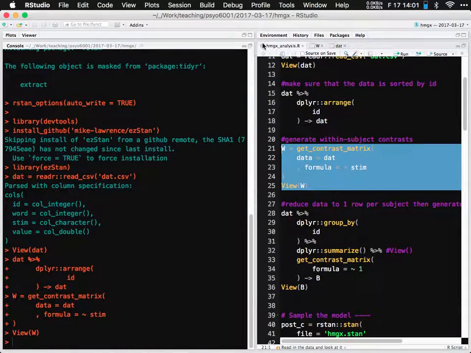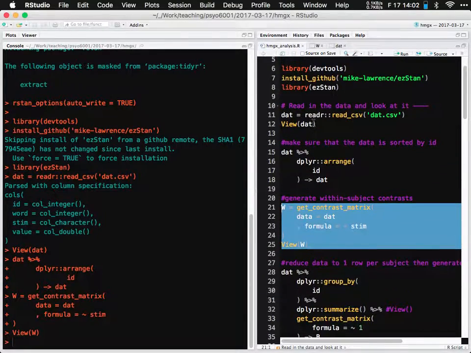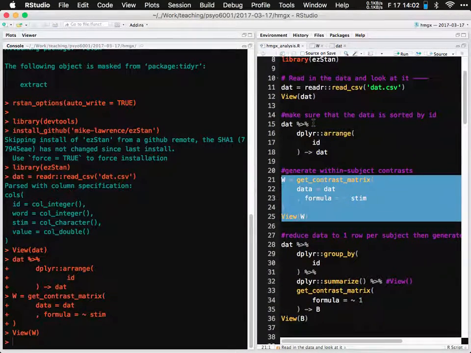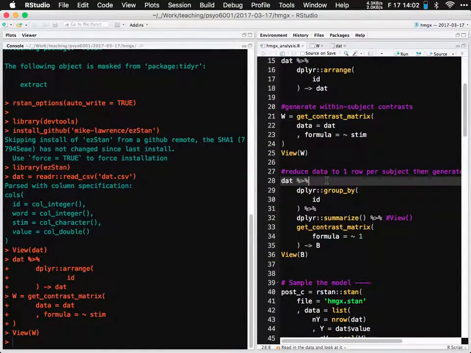Now, despite this being called HMGX, so the M implying there should be both within and between, I actually didn't add any between to this. We could add in a dummy variable like sex, but I showed you the trick to still use the same code, the same Stan model, for a purely within design: just provide the identity column for the intercept for the contrast matrix.